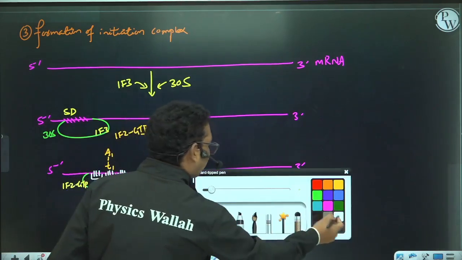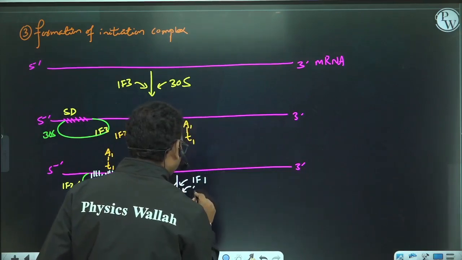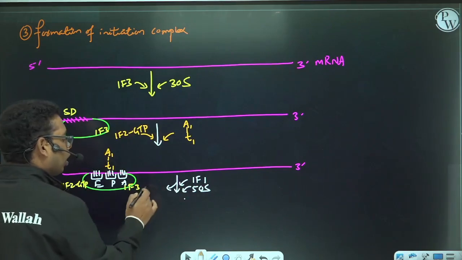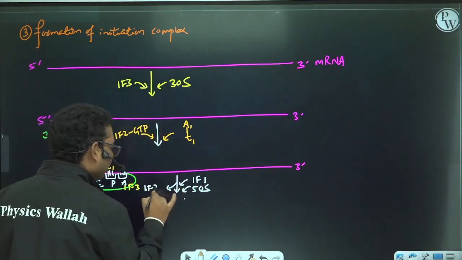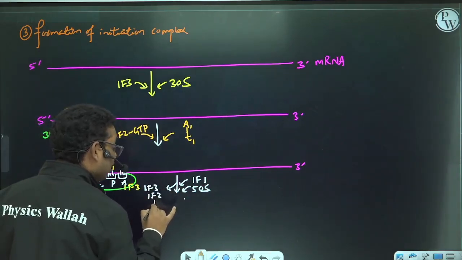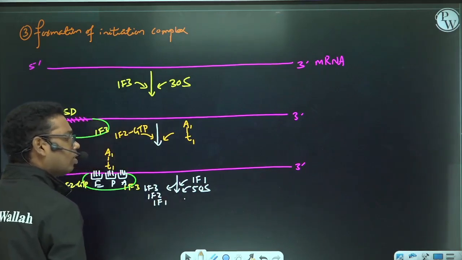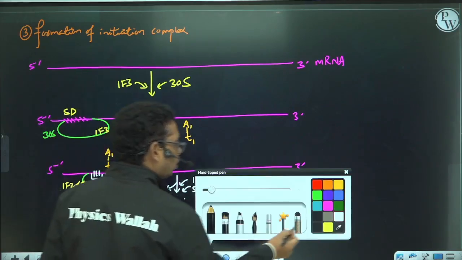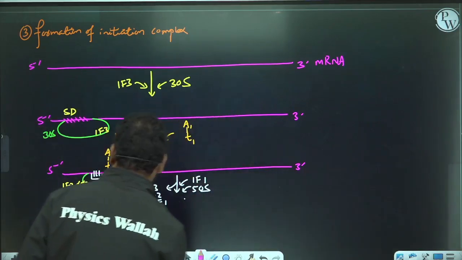So here I can write that the 50S, that means the larger subunit, will come and bind, and at that same time initiation factor 3 will get released, initiation factor 2 will also get released, and initiation factor 1 will also get released. It will initially come and bind, and then it will get released. Okay, so let me draw the diagram here.